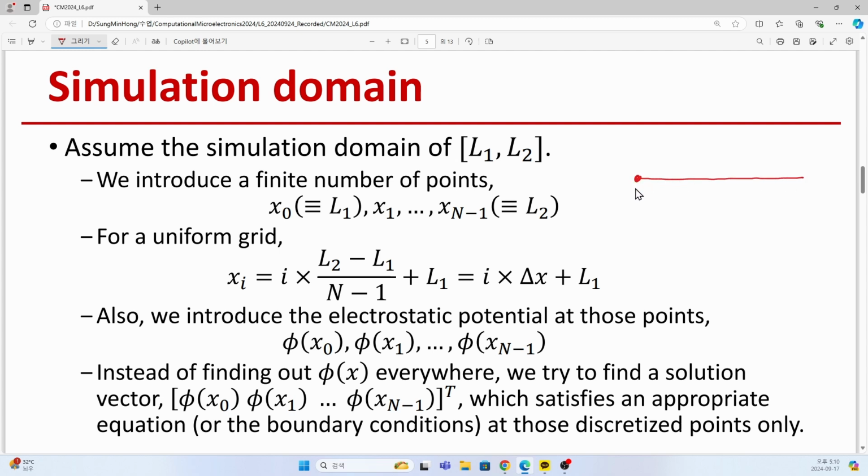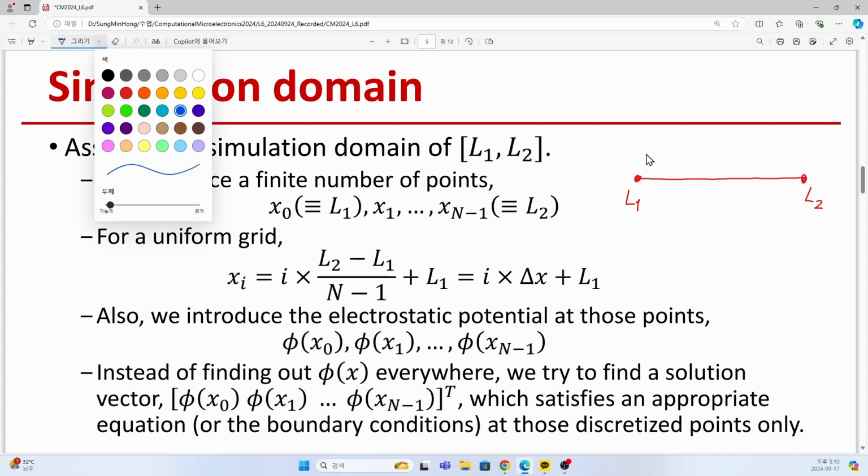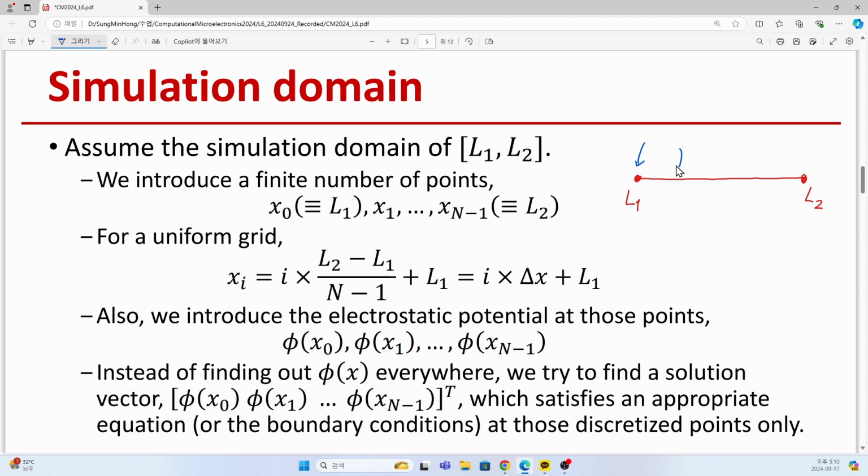The left boundary is L1 and the right boundary is L2, and we can, for example, introduce n points here.